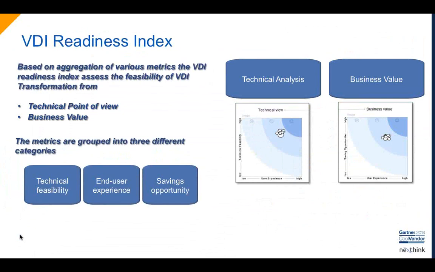Based on these metrics, Nexthink aggregates all this information and gives us a metric telling us which are the best devices to start with the migration from physical to virtual, which are the next devices we can start with, and which are the least ready ones that we need to keep to the end.